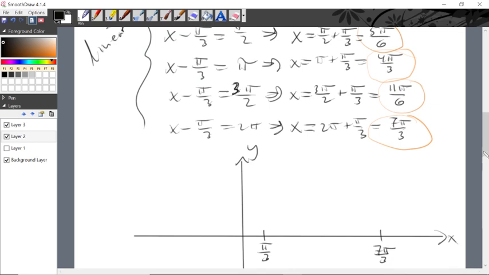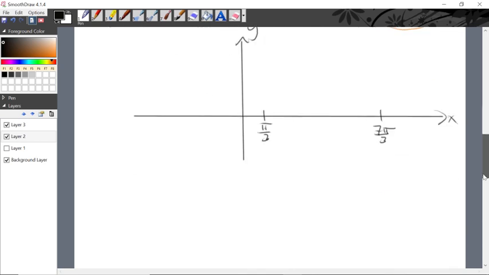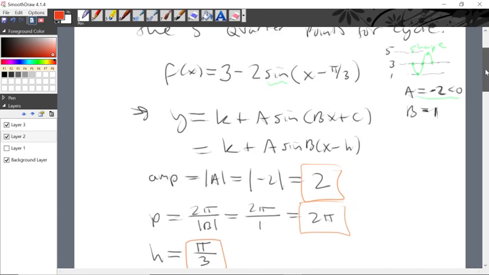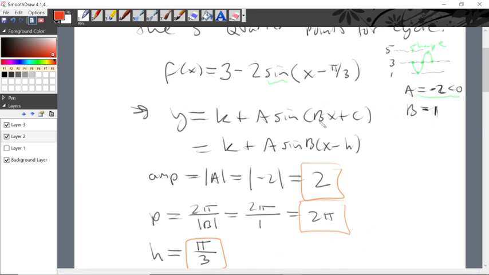What does that mean that the period was, by the way? The period would be from the start to the finish. The period would therefore be 7 pi over 3 minus pi over 3, which is 6 pi over 3, or 2 pi. We had already established from the start that the period was 2 pi. We could see that we were given a frequency of 1.